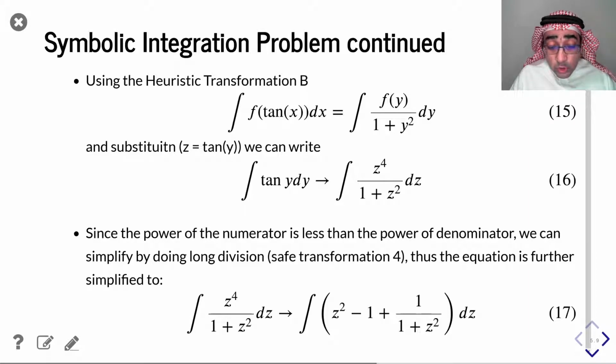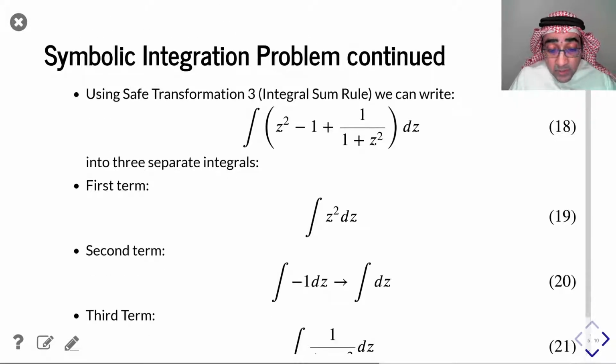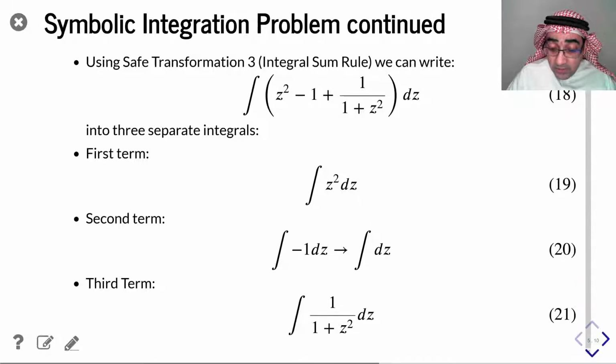So what we could do is we can divide this problem into three sets of problems. So this problem, we can have the z squared on its own. So I can get the integration of z squared dz, and I can get the integration of minus 1 dz. So the minus 1 dz is over here, and the third one, which is down here, is 1 over 1 plus z squared dz.